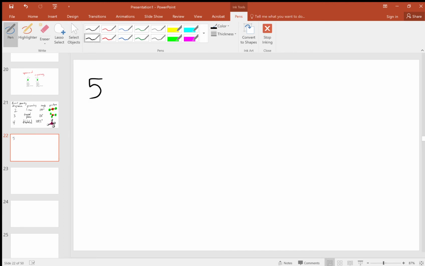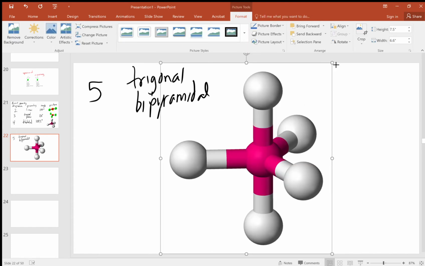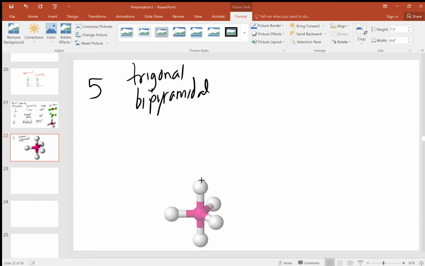We have 5 electron domains, known as trigonal bipyramidal. And what are the bond angles here? Well, for trigonal bipyramidal, it turns out we have 2 different bond angles.